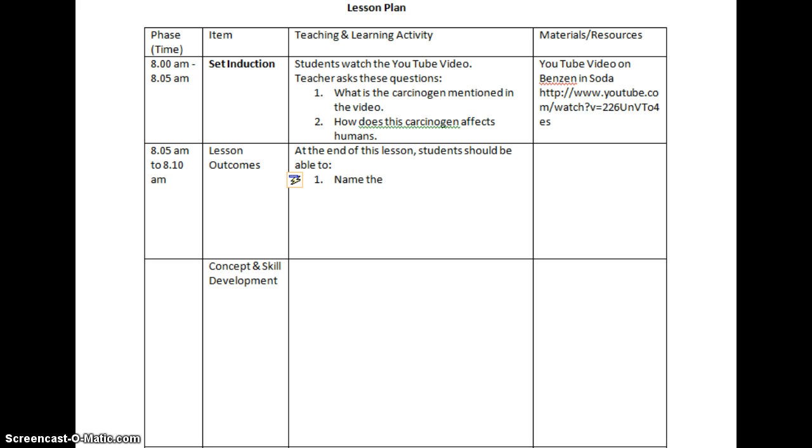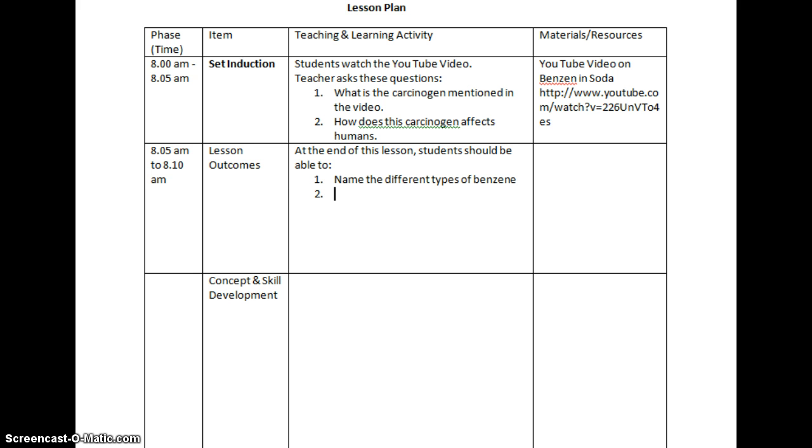name the different types of benzene. This is called derivatives. Number 2, draw dot and cross diagram of benzene.